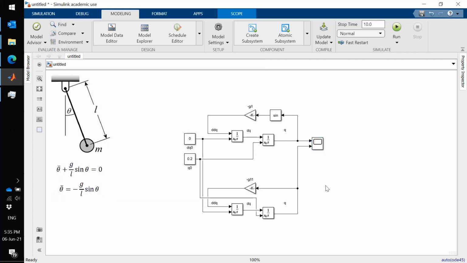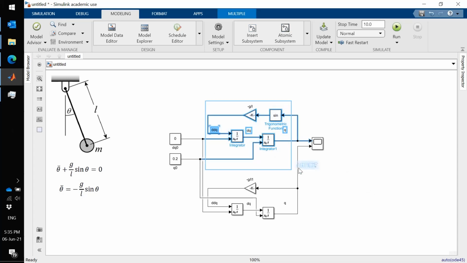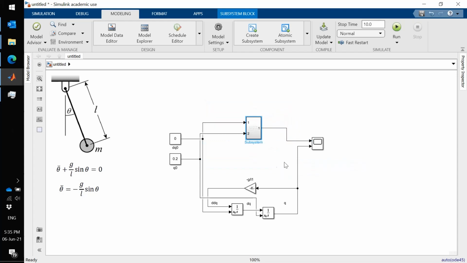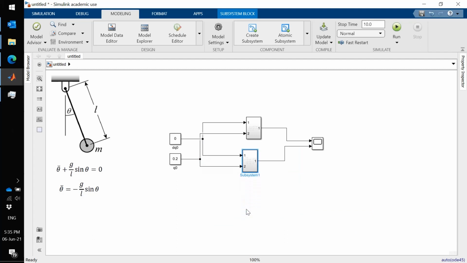So this is an advantage of modeling systems in this way as opposed to the transfer function approach. You can also set each model in a separate block, a separate subsystem. Okay, now here things look much better.